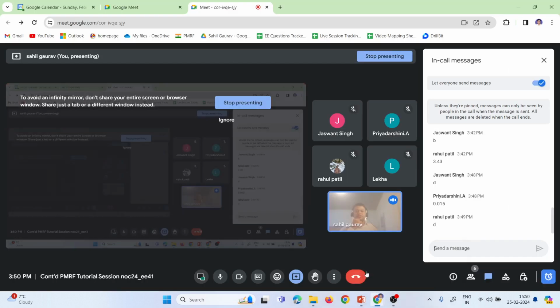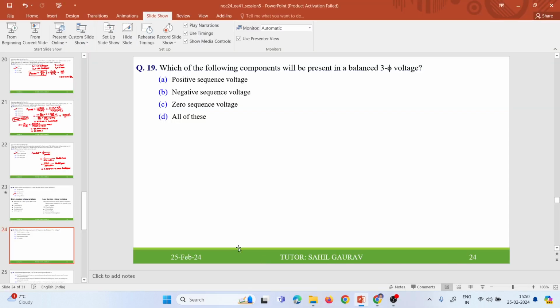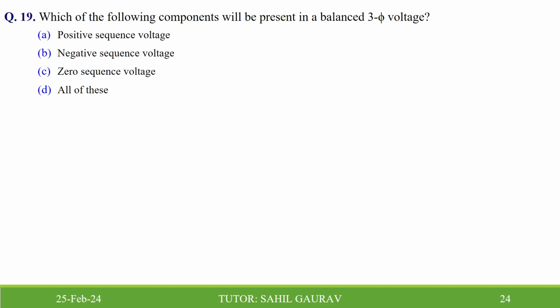Rahul, Jaswant, Priyadarshini, Lekha, any idea about this problem? Just tell something so that I can understand what is running in your mind.